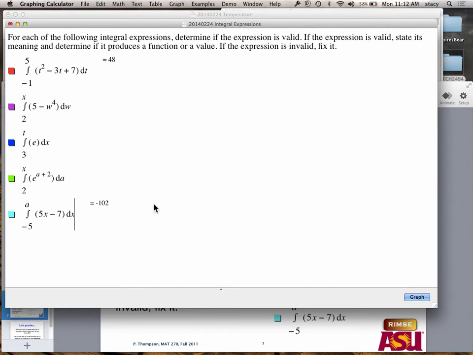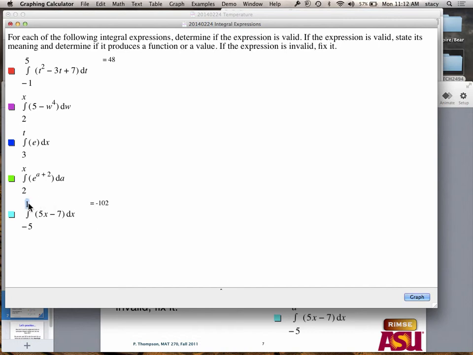They're parameters, right? What's the automatically assigned value to a parameter? 1. So this expression, as written in Graphing Calculator, is really being read as this.